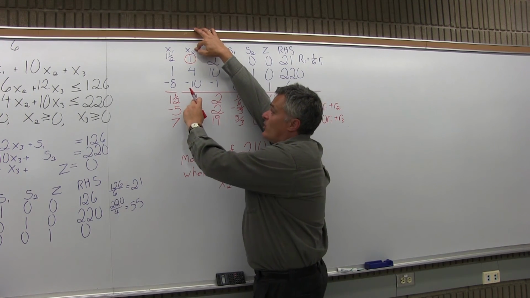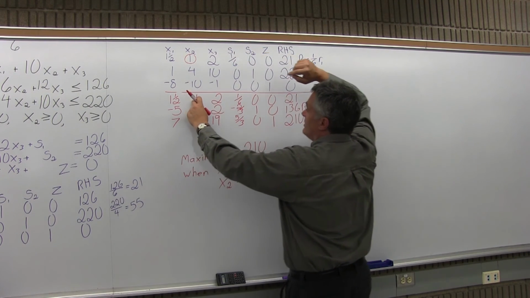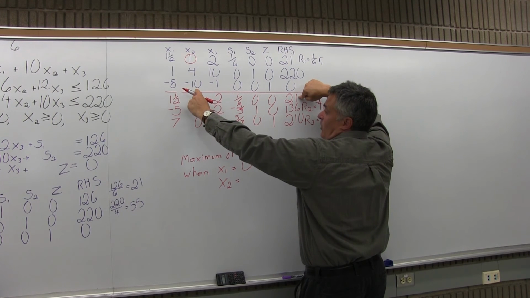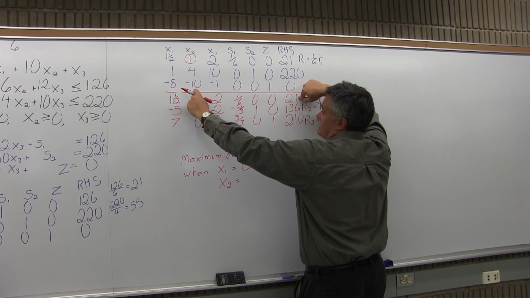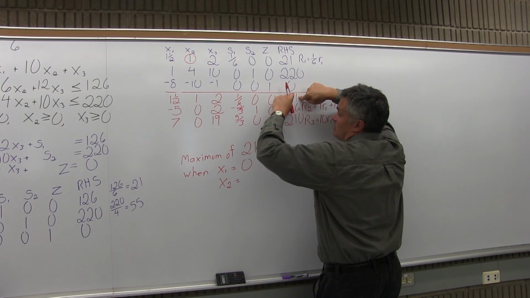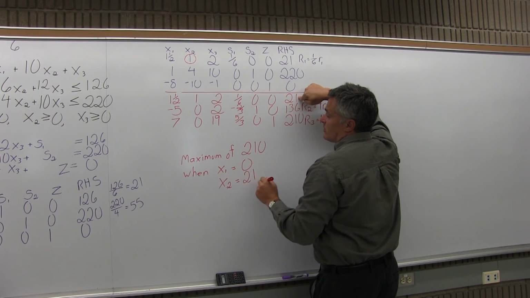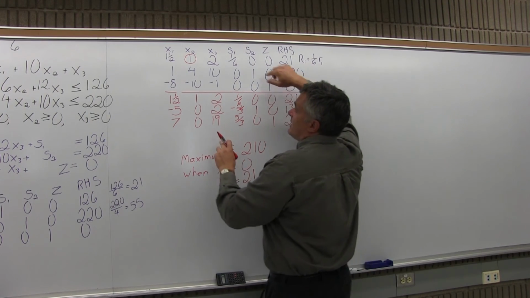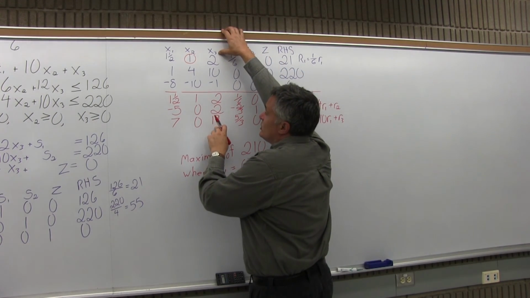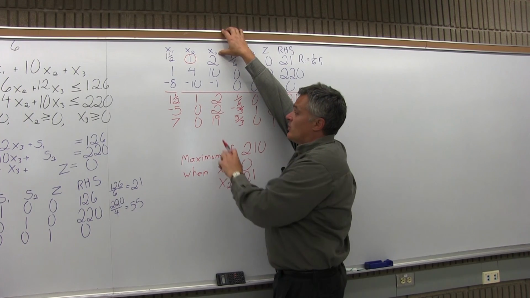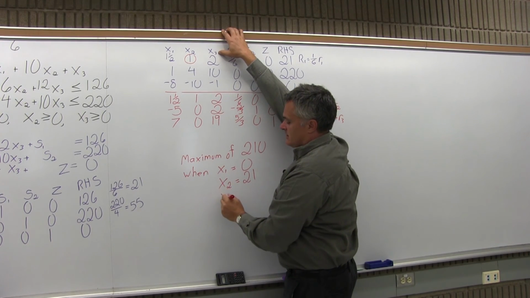So the height of that 1 is going to tell me where to look for the value of x2 in my RHS column. So the 1 in my x2 column is in the top position. When I look in the RHS column in the top position, I have a 21. So x2 is equal to 21. And in my final tableau, x3 does not have a special column. It does not have all zeros and a single one. So the value of x3 is 0.